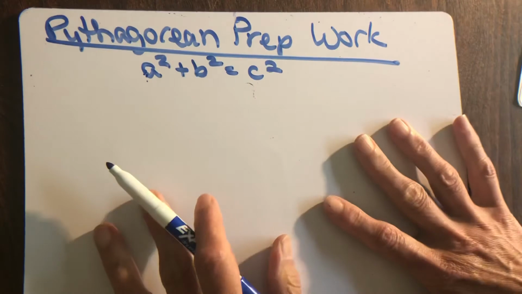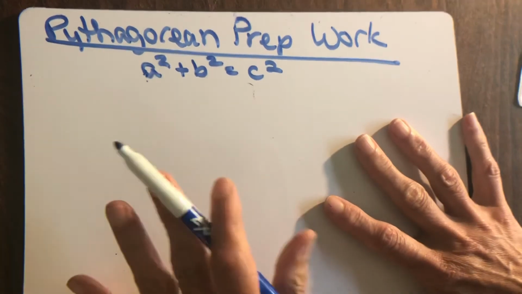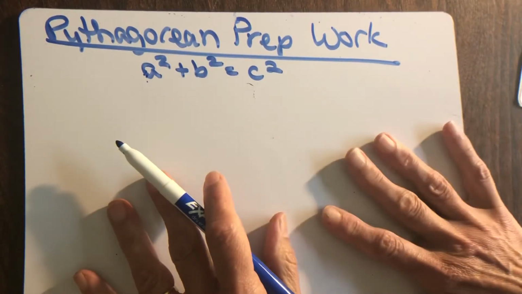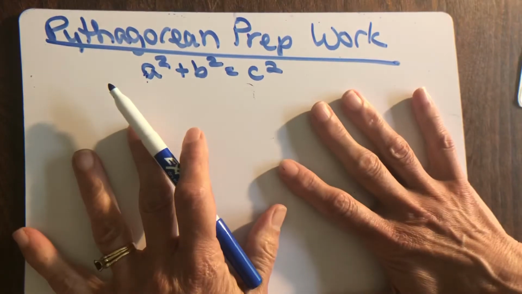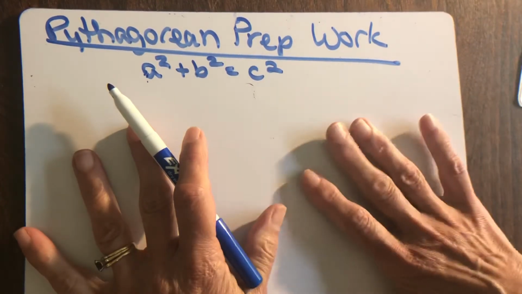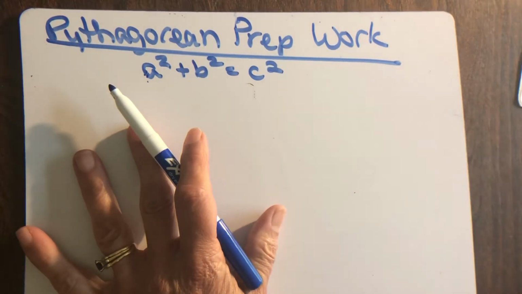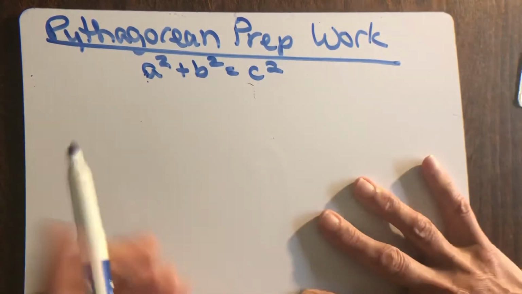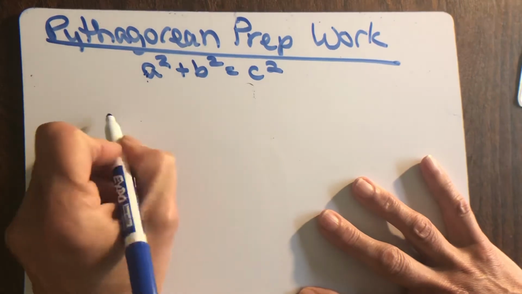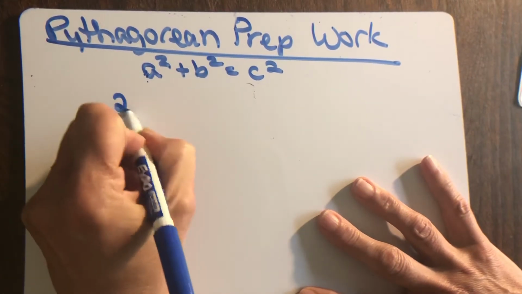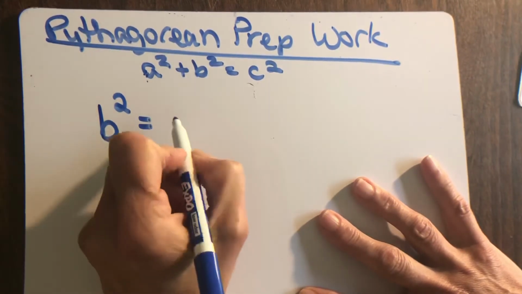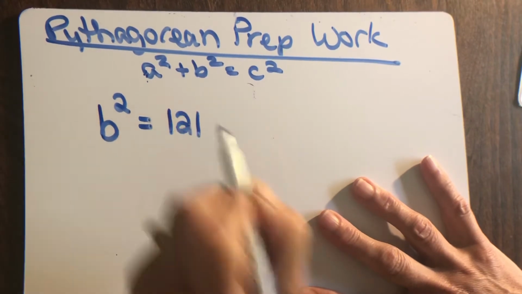For those of you working on your high school diploma, we've been working on algebra to get right here, to get to these formulas so we can use algebra to solve the formula. So let me give you a little teeny weeny equation. So what if your equation looks like this? B squared equals 121.